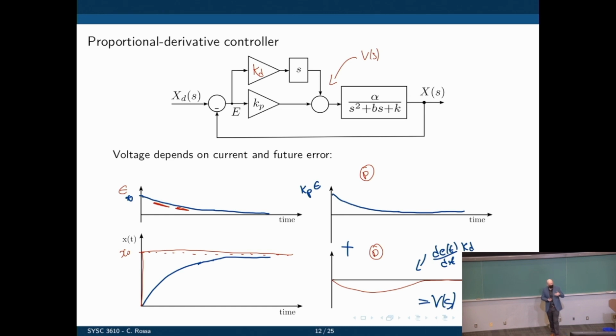Because we know that the error is decreasing. We are moving towards the destination. The error is decreasing, so the controller is telling the proportional part to slow down. We are actually going where we want. So we can decrease the control action, and that way we won't overshoot, or we'll reduce the potential for overshoot.